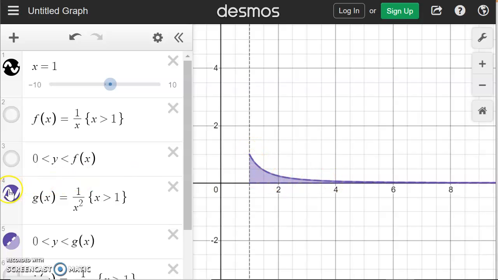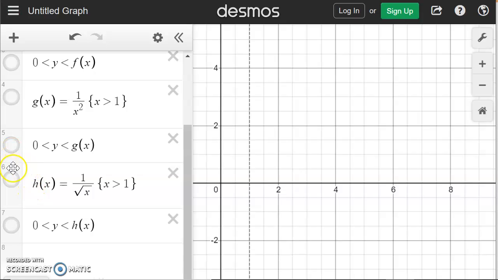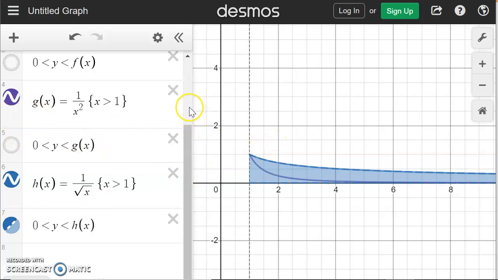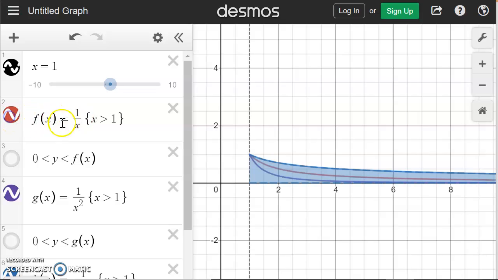Same basic shape. And the last one is 1 over the square root of x. Again, basically the same idea. We're starting at the same point of (1, 1), and from there, we have a horizontal asymptote of 0, and we just approach 0. So all of these are unbounded regions, and we're going to try to find the area of each one of these.